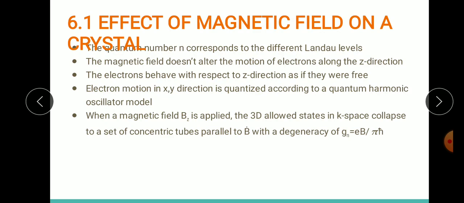Now, what happens is, when our magnetic field is applied, the 3D allowed states in our K space will collapse into concentric tubes parallel to our magnetic field B with a degeneracy of Gn equal to eB divided by pi into H. So, Gn is your degeneracy factor.